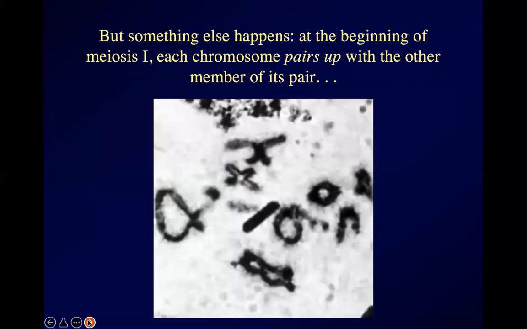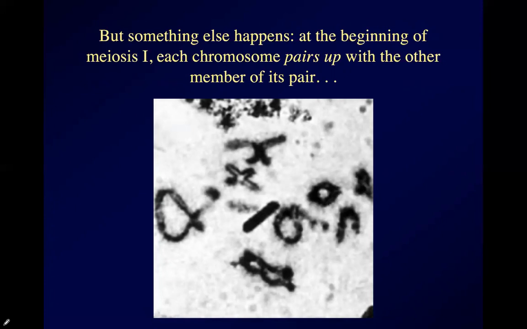But in meiosis 1, something else happens. When prophase 1 hits, each chromosome pairs up with the other member of its pair. So we didn't see this in mitosis. But at the beginning of meiosis 1, each chromosome 1 will pair up with the other chromosome 1.